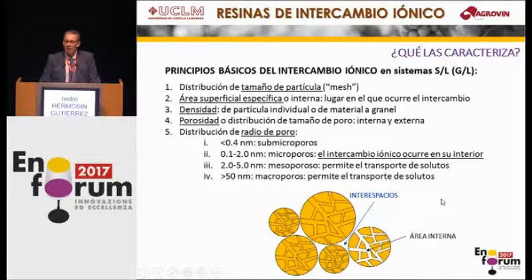In that way, these interspaces will play a very important role in the application of the necessary pressure to get the fluid through this system.